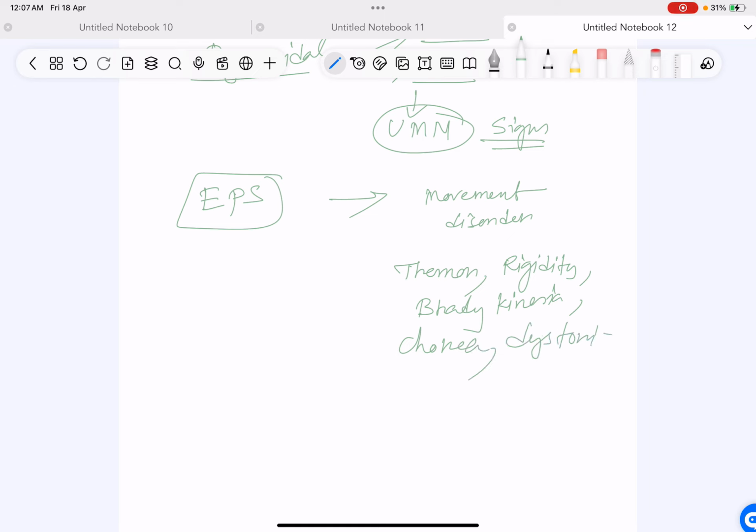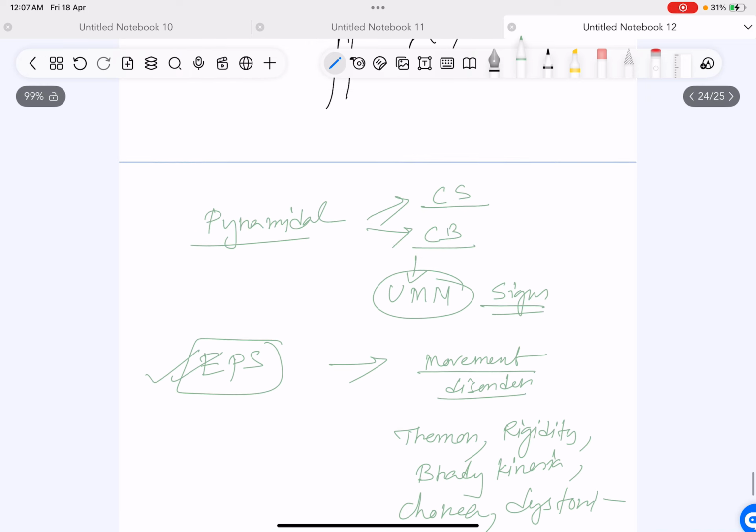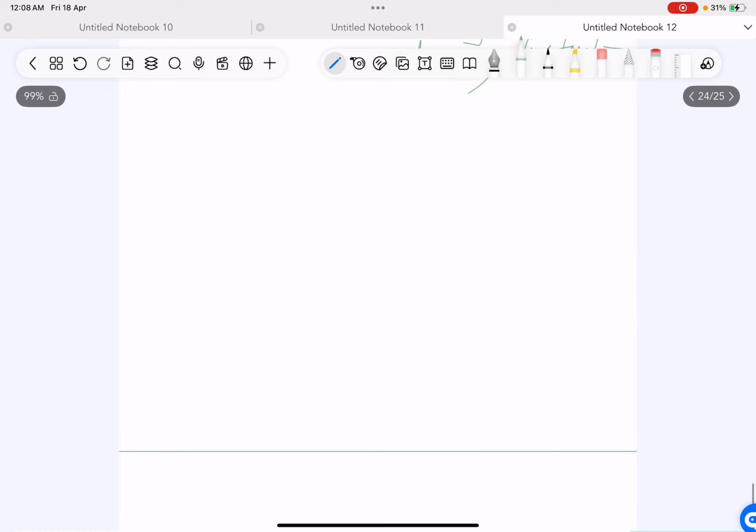All these movement disorders are part of the extrapyramidal system, and upper motor neuron signs are part of your pyramidal system. What are the features of upper motor neuron involvement?